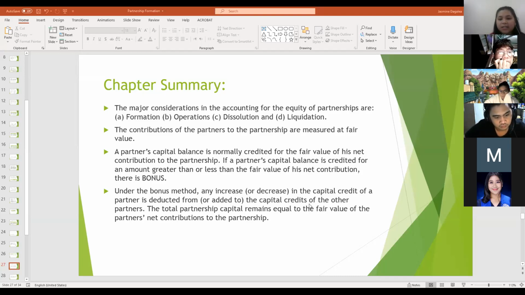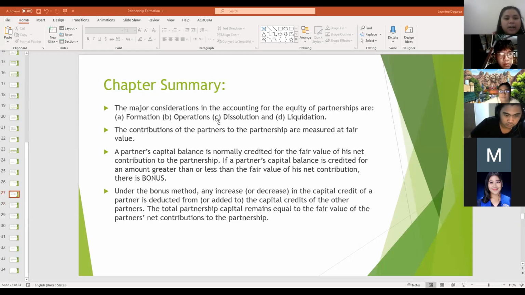So may adjustments between the capital credits of the partners. The total partnership capital remains equal to the fair value of the partner's net contributions to the partnership. So, tandaan nyo lang yan.